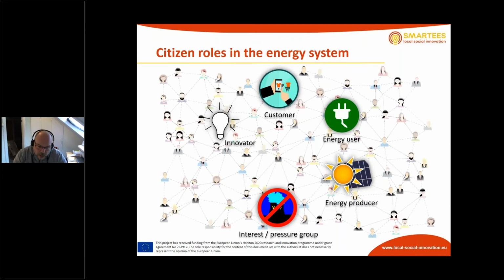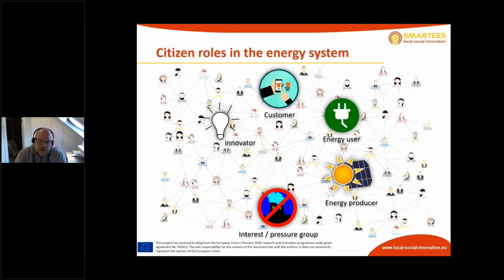But we also know that citizens are interest groups and pressure groups. They are against or for different types of energy production or energy lines and whatever has to do with the energy system. So they can form quite powerful groups that interfere with the transition of the energy system, or that can foster it.